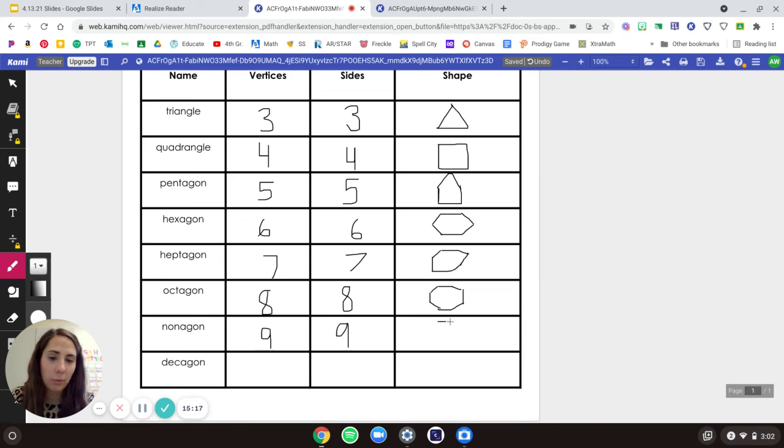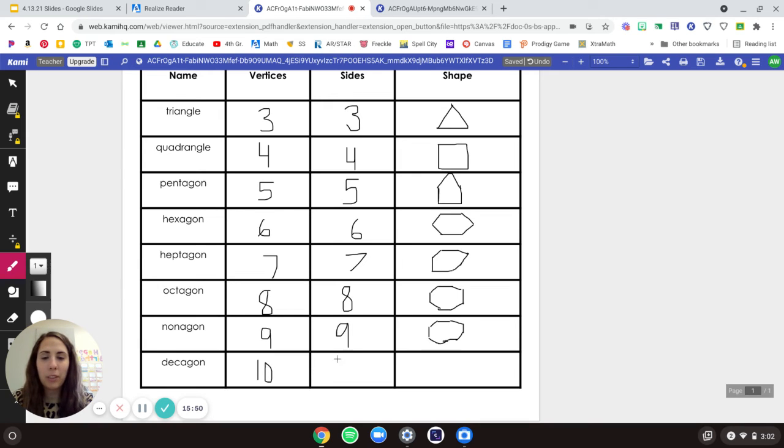All right, so we're going to want to do 1, 2, 3, 4, 5, 6, 7, 8, and 9. All right, then our last one, a decagon, should have 10.